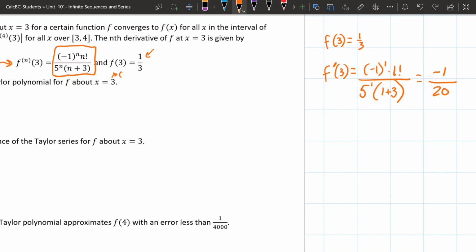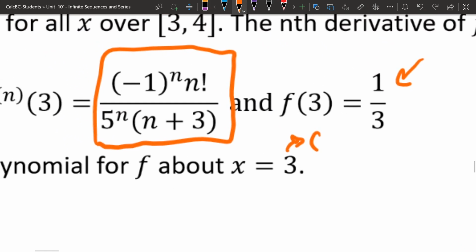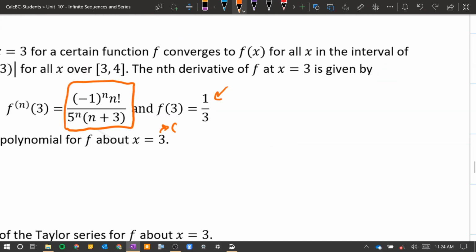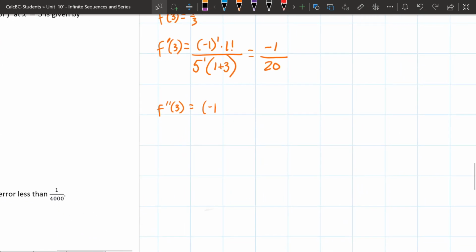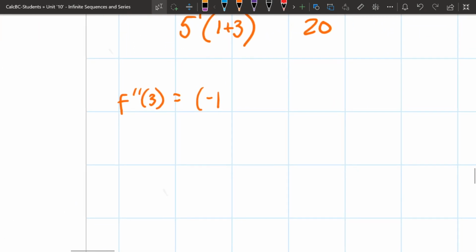I'm going to go ahead and find the rest of them, and then we can go in and plug them into our polynomial. All right, second degree. Using the same rule, we're just plugging in what nth derivative we're doing.